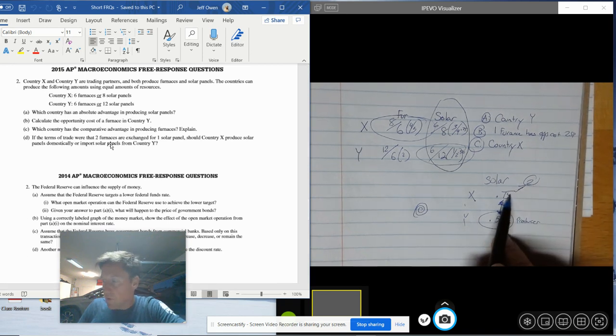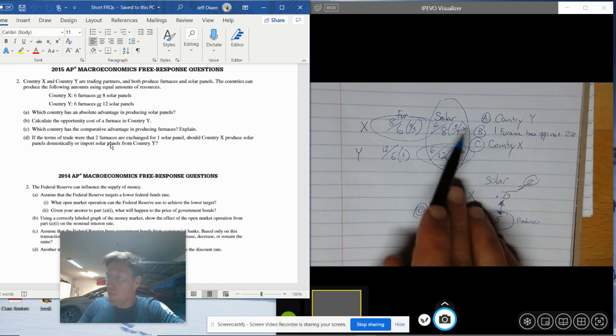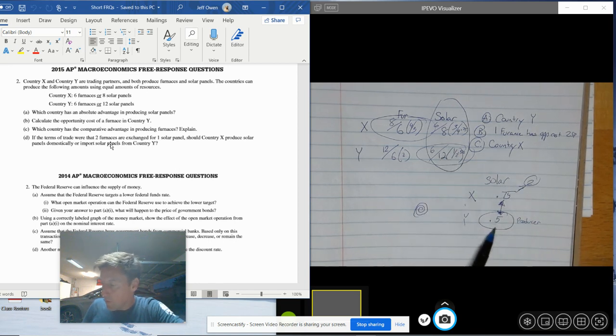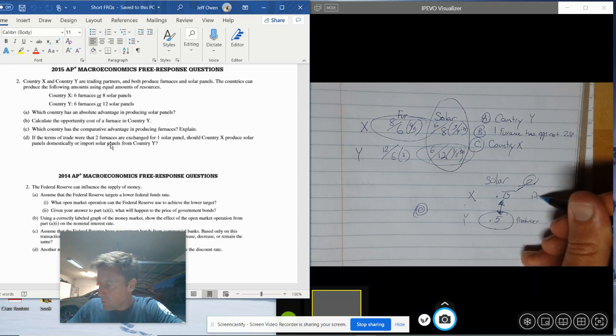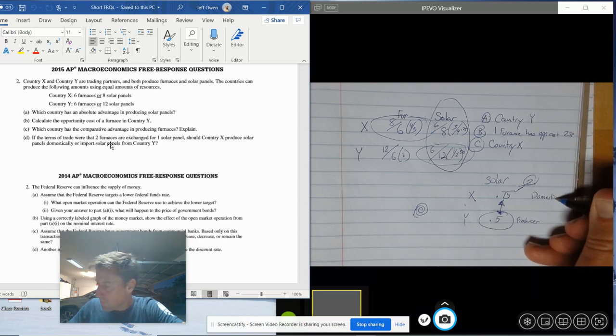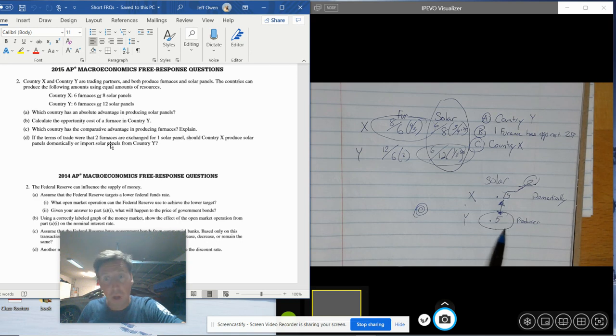So since he is going to be the importer because he has a comparative advantage, he is a producer, he should just produce them domestically because when he makes a solar panel, he gives up 3/4 or 0.75 a furnace. They want to trade for 2. That's just a bad deal for him. So he should produce domestically. This guy's bummed because he was like, oh, I'm going to be doing really well.